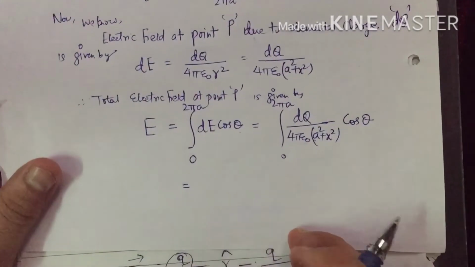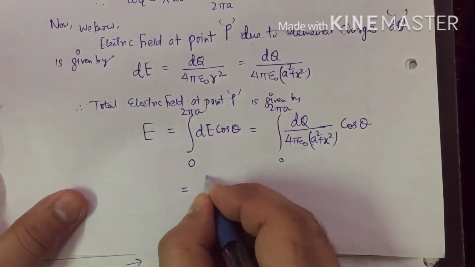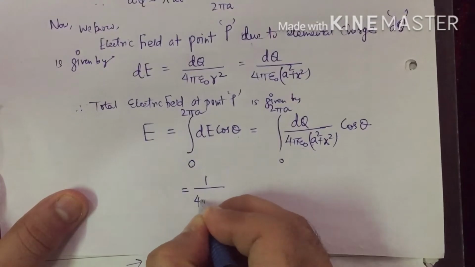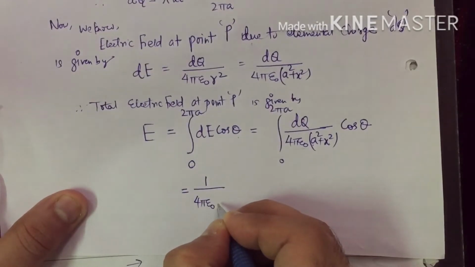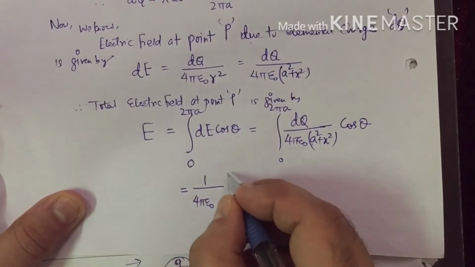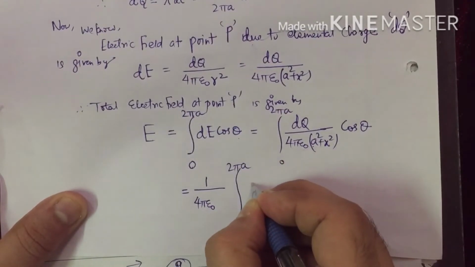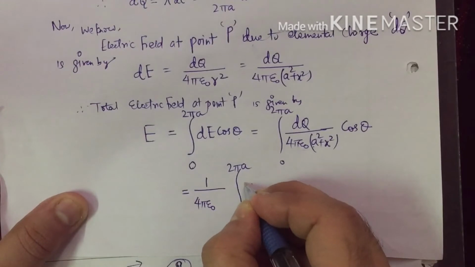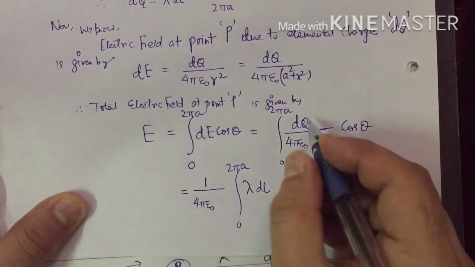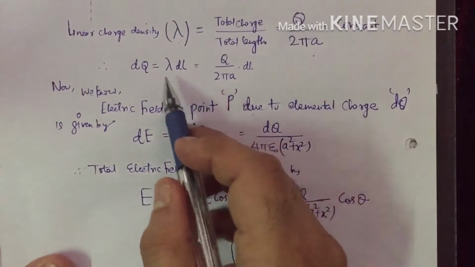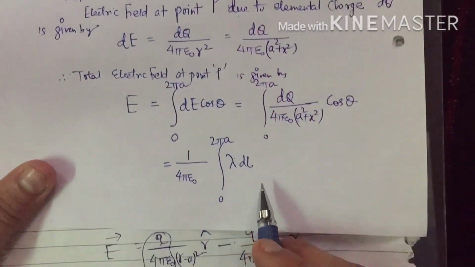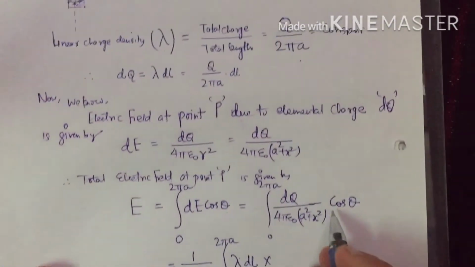That's why, let us take 1 by 4 pi epsilon naught outside, integral 0 to 2 pi a. dq can be written as lambda into dl.